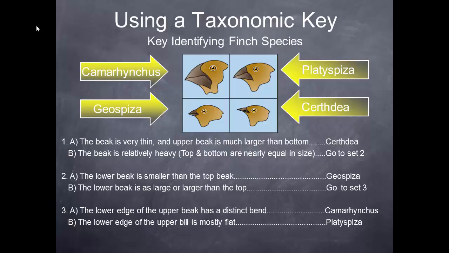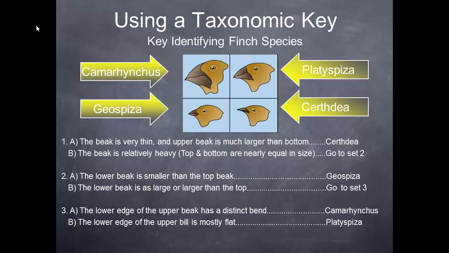Some of the rules: we always have 2 statements at each number. They have to be things that are clear. Also, we don't use words like big or small, like has a large beak or a small beak, because that's too subjective. What one person thinks is a large beak, another person might not think. So we try to use things that are very clear. Maybe if you have a ruler, you could say beak is 3 centimeters long or less than 3.